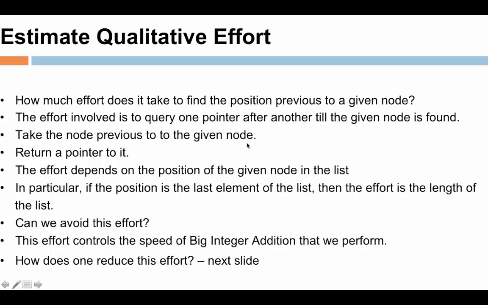Now observe that the number of pointers that we traverse is representative of the amount of time that we spend in finding the predecessor node. And therefore, if we are repeatedly querying for the predecessor node, then using the linked list data type to represent your data is a bad idea, because the programs that we write will repeatedly be traversing the lists from the head onwards, because in the linked list data type we have access only to the head of the list.